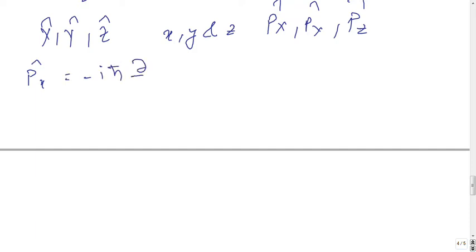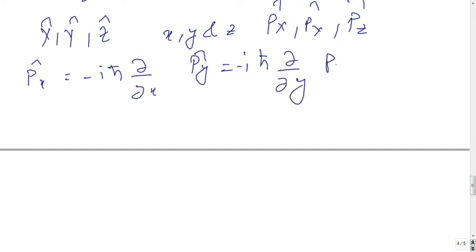Px is minus iota h bar del x. Similarly, py would be minus iota h bar del y, and pz is minus iota h bar del z.